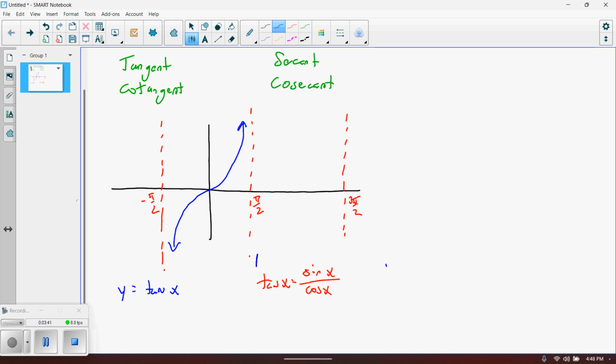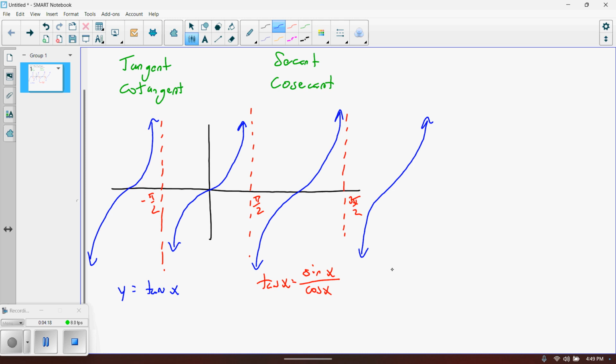So basically the graph of tangent would look like this here. And then it's going to keep on doing the same thing in all directions. And then technically it would go out here and do the same thing. It's going to repeat itself over and over and over again with having those vertical tangent lines at the odd powers of pi halves. And again, if you don't remember that, just know that it's sine over cosine. So it's wherever cosine is 0, which is all the odd powers of pi halves. So that's where you're going to have your vertical asymptotes.